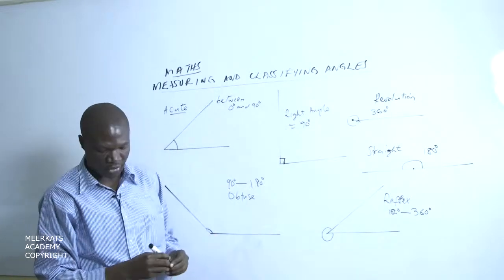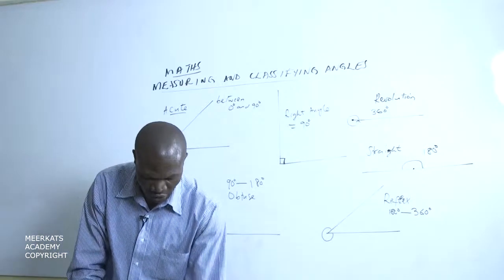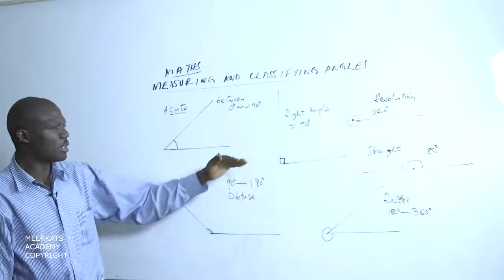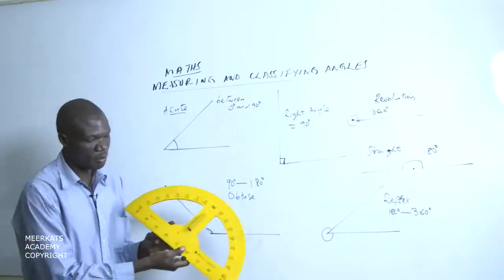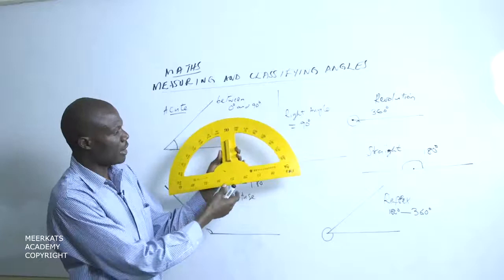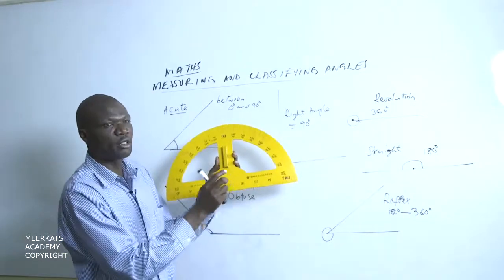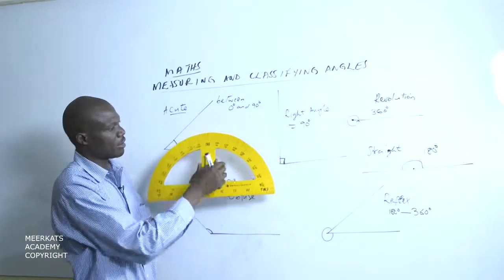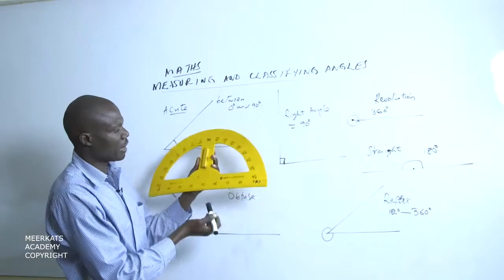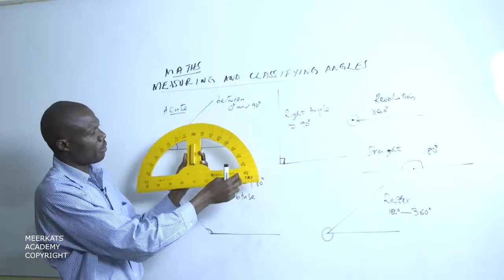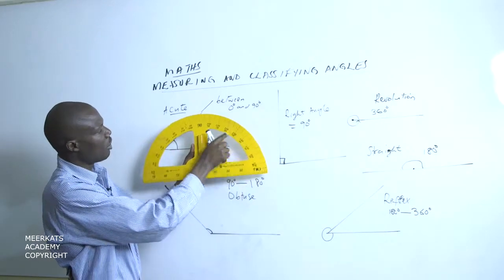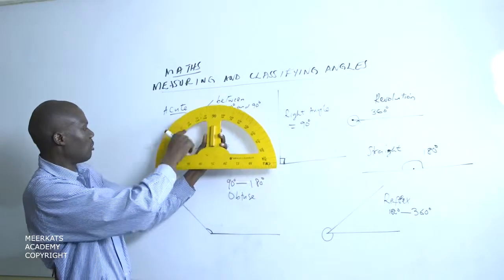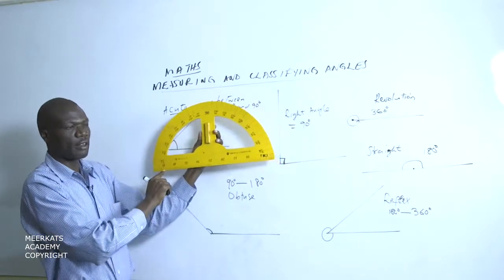360 degrees. So when we look at angles, all these angles are measured using an equipment called a protractor. This is a protractor and is meant to measure the degrees. We have the scale ranging from 0 degrees, 10, 20, all the way up to 90, and it moves to 180.